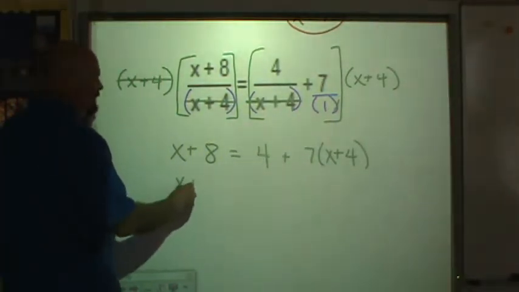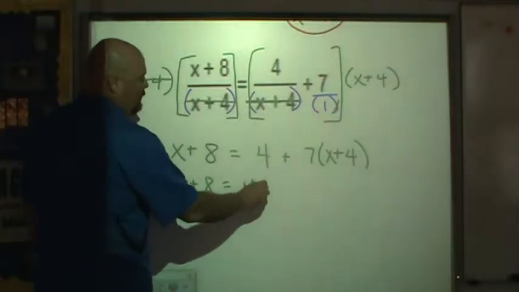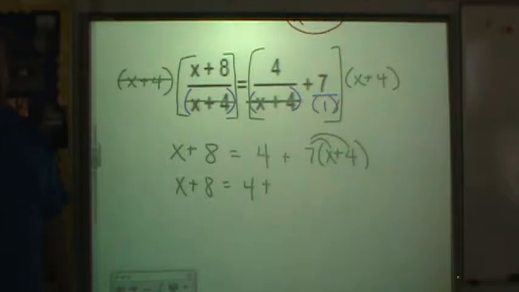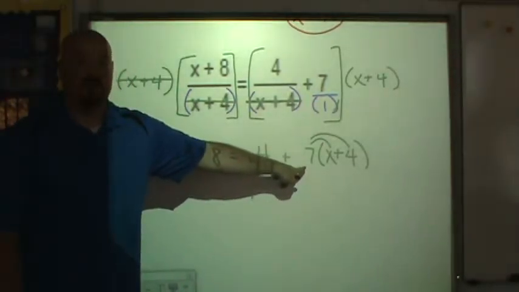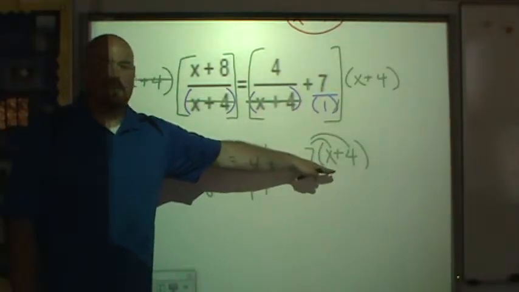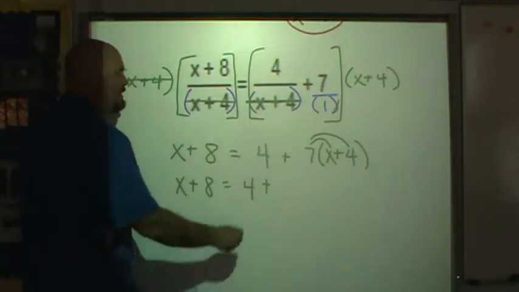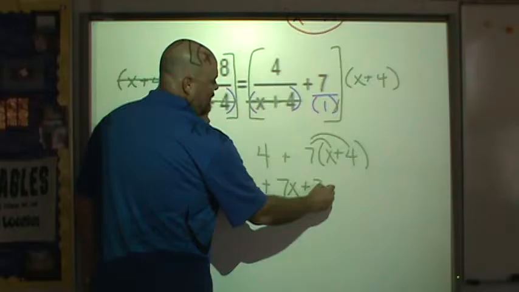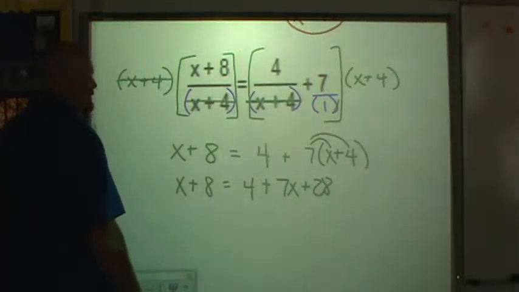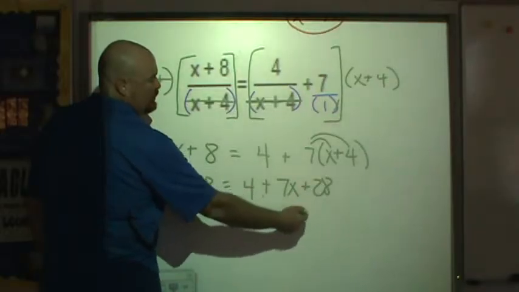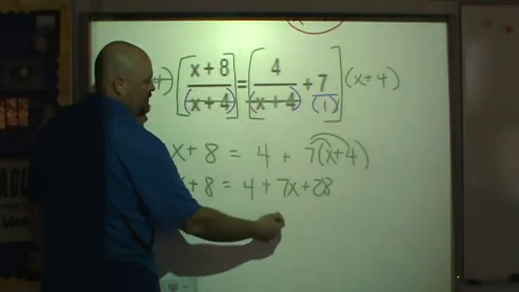So I have x plus 8 equals 4 plus. I have to distribute before I can add. This cannot be 11. Multiplication takes precedence over addition, so you have to distribute before you add. So we have 7x plus 28. Let's move this x over. We have 32 as a combined value of these two constants.